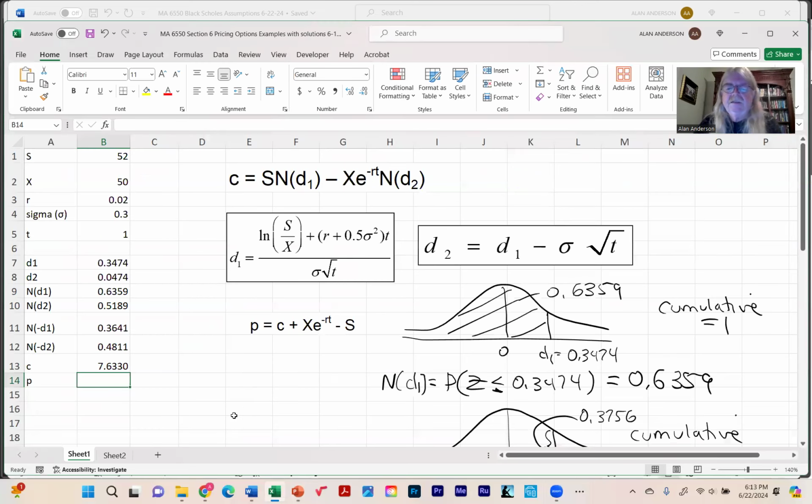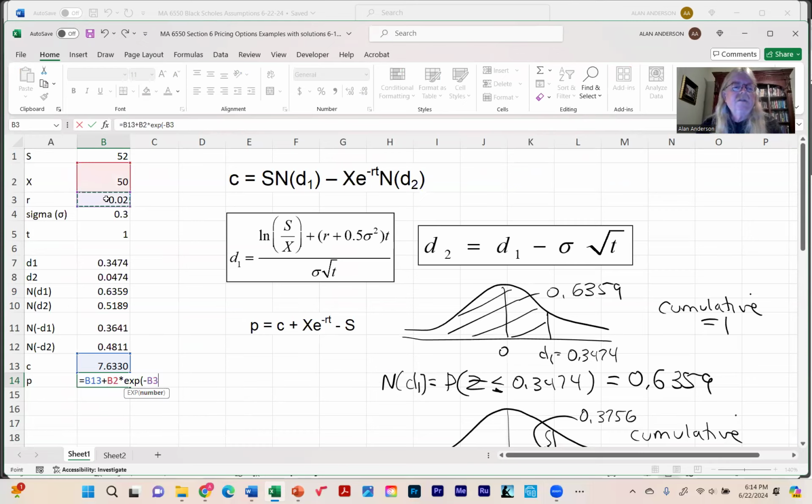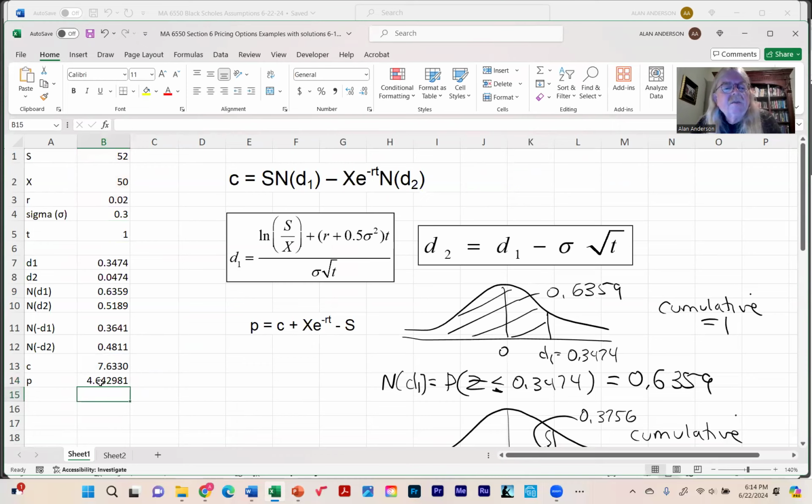Okay, so we're going to have this call price plus, again, X times EXP minus R times T, minus the stock price. It's approximately $4.64, rounded. That's good.